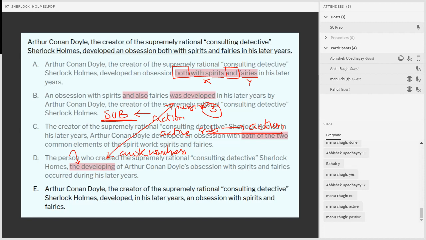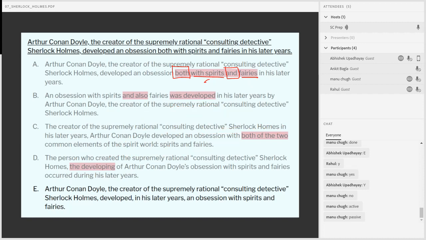Now, final point related to modifiers. Option C. Take a look at the placement of "in his later years." Option C says "the creator of Sherlock Holmes in his later years," right?